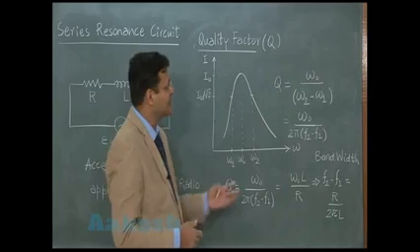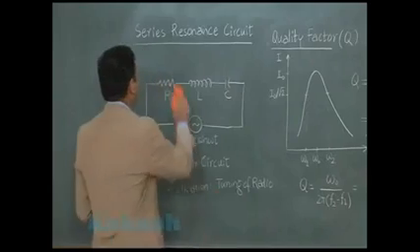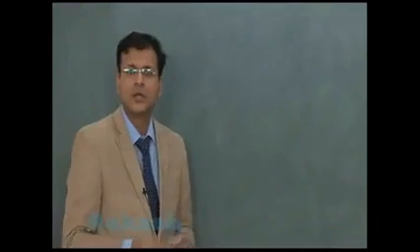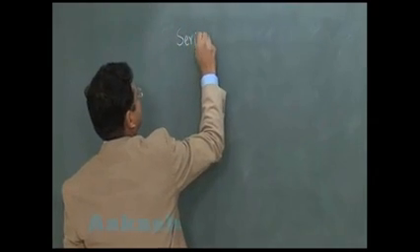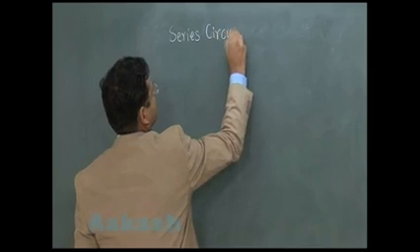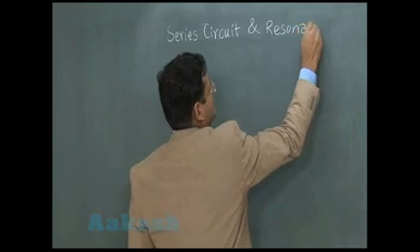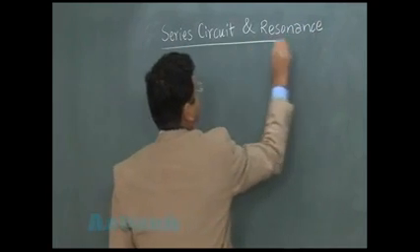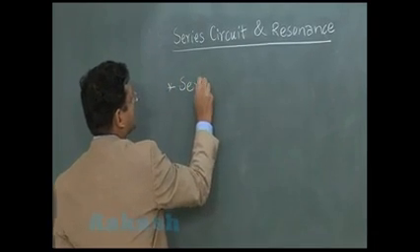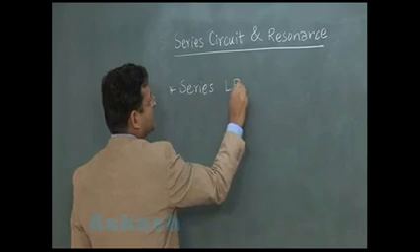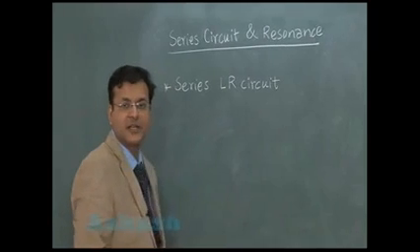Before I move ahead, let me summarize what all we discussed in our today's lecture. In our today's discussion of series circuit and resonance, first we talked about series LR circuit connected to an alternating current source, and based on which we had the example.